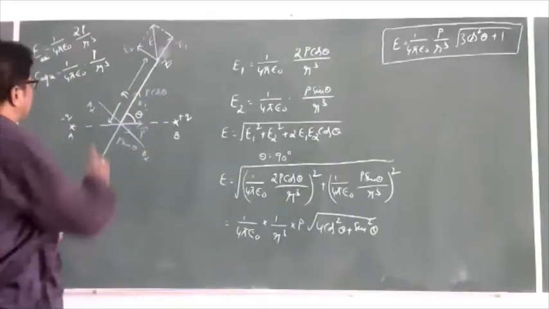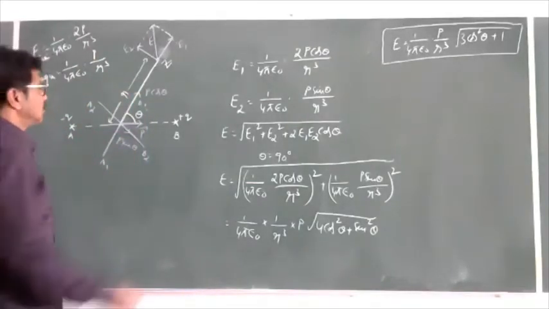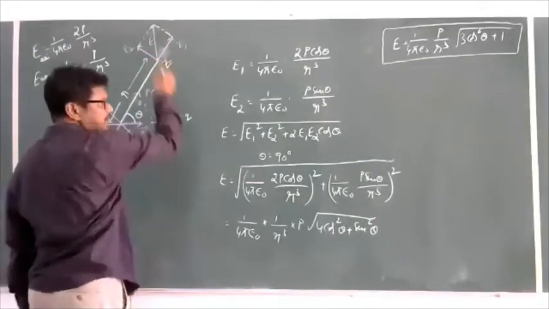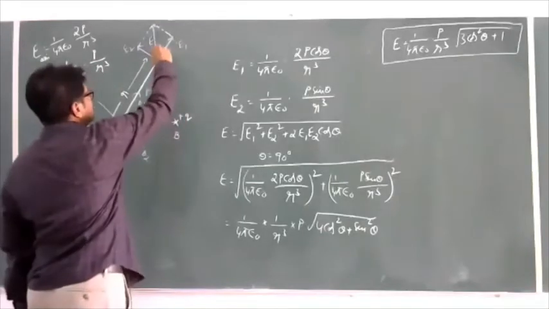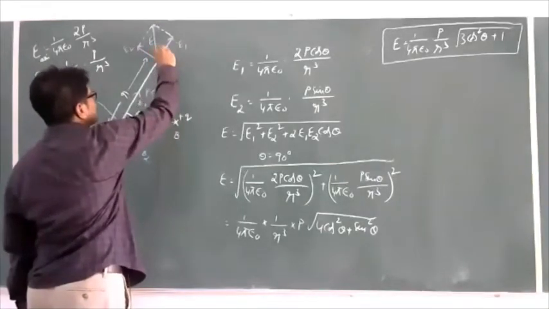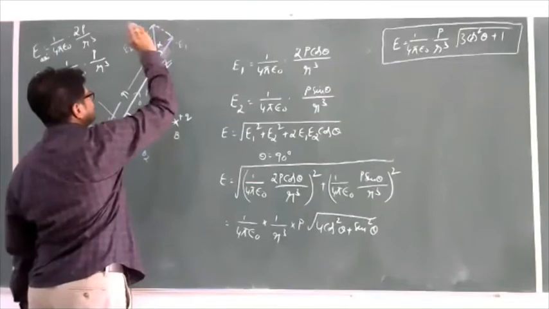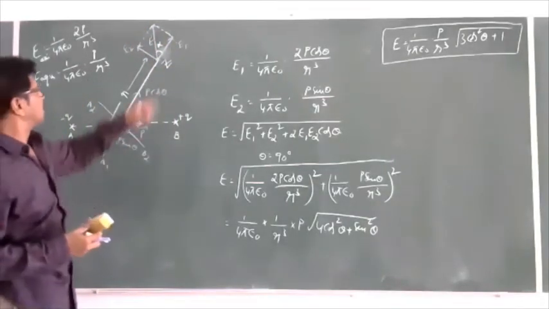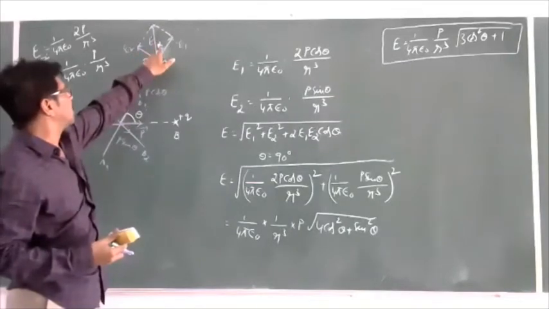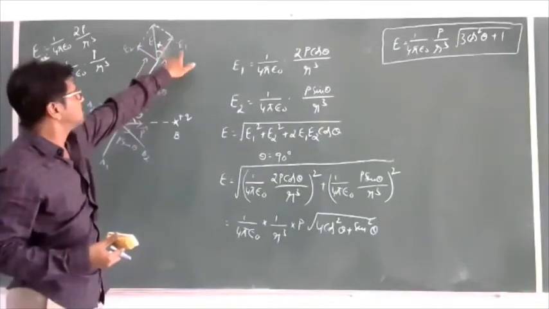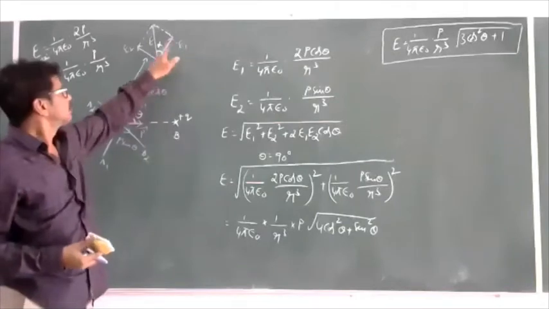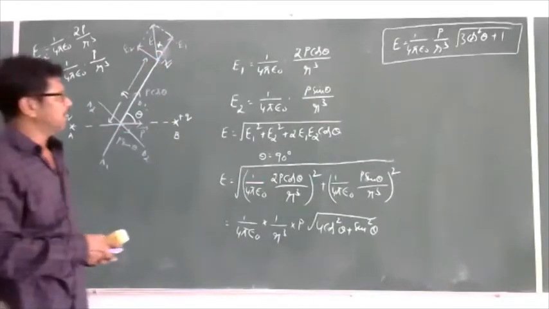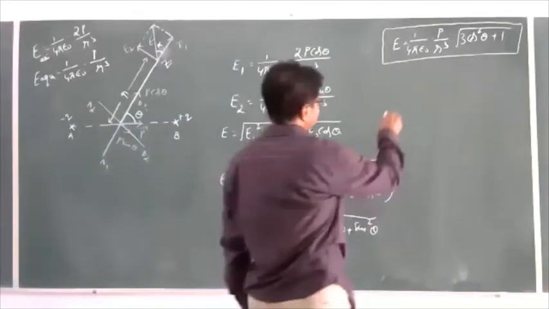Then what about its direction? What is the direction of this resultant? The direction of the resultant I am calling alpha. So the resultant electric intensity makes an angle alpha with E1. Then you apply the tan alpha formula.